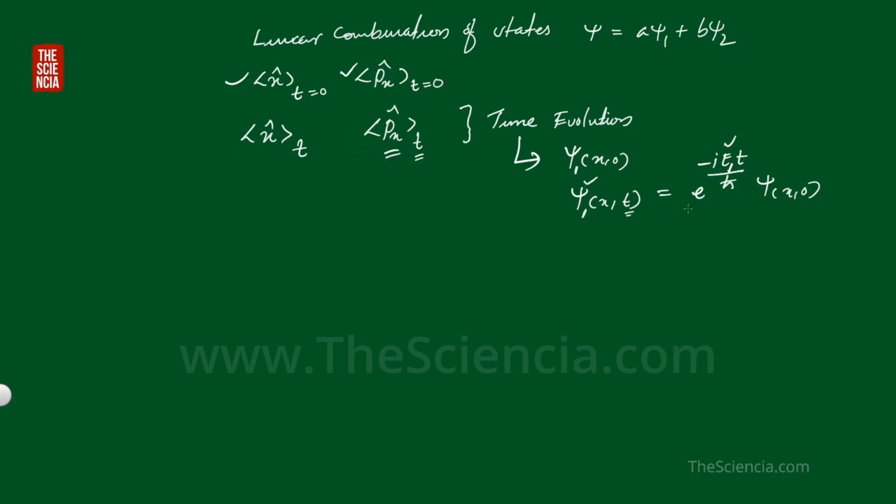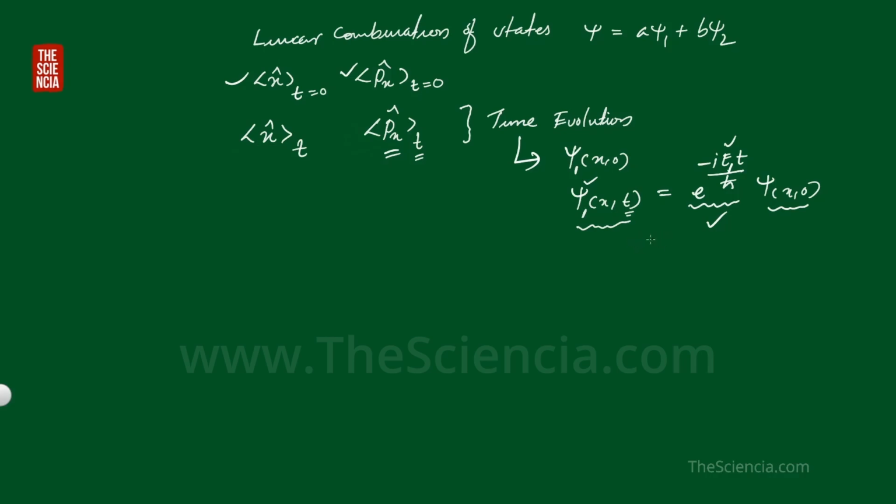So if you multiply the wave function at time t equal to 0 by this factor, then you can find the wave function at time t. Okay, this is the idea of time evolution.